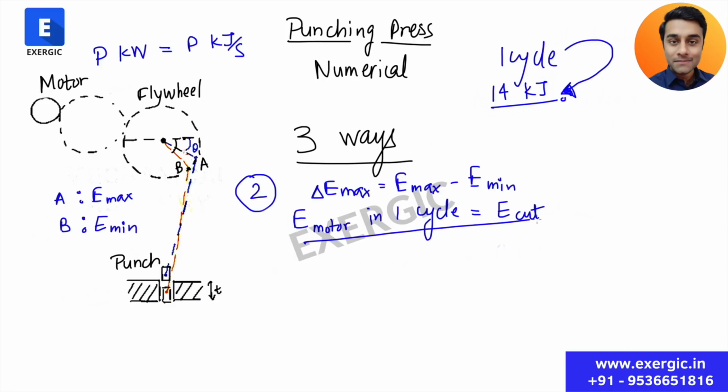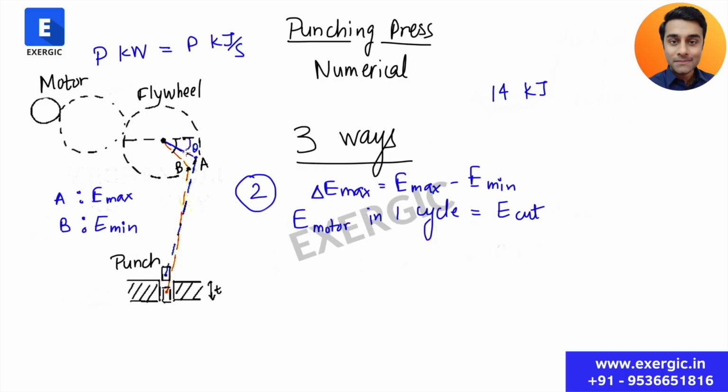That is what I have written here. Energy required in one cutting is equal to the energy given by the motor in one cycle. So if the question gave you that 14 kilojoule is the energy required for cutting, clearly the energy given by the motor in one cycle will also be 14 kilojoule.